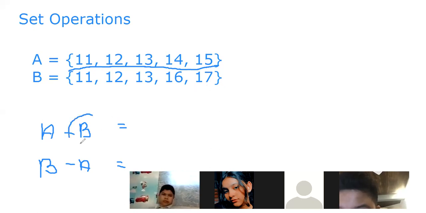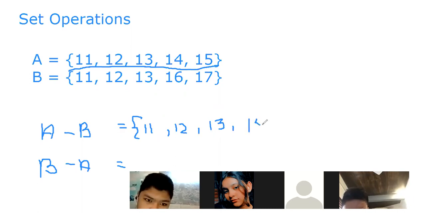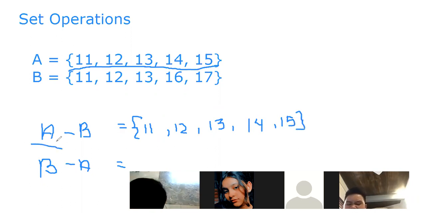Okay. Kapag si set A yung nasa unahan natin, pwede nyo na kagad isulat si set A. We have 11, 12, 13, 14, then 15. Si set A lang yung isusulat natin, di ba? Kasi si set A yung nauna natin.